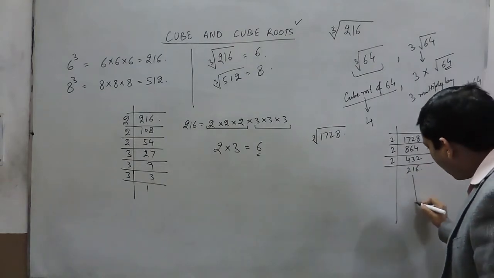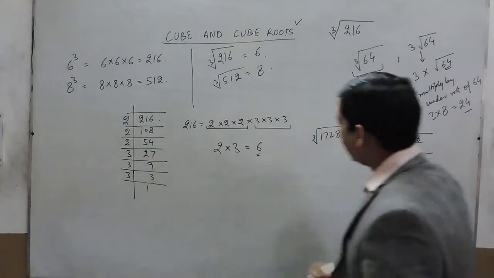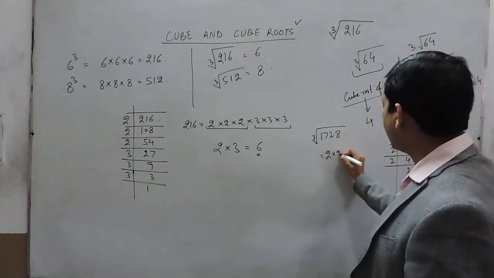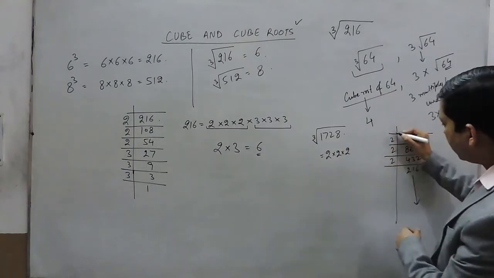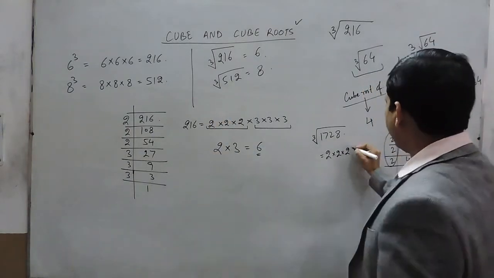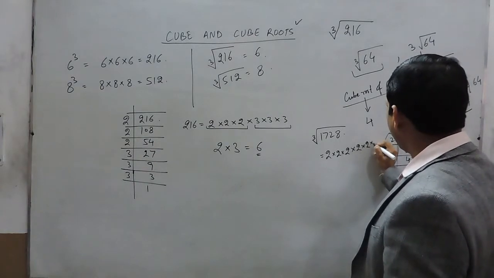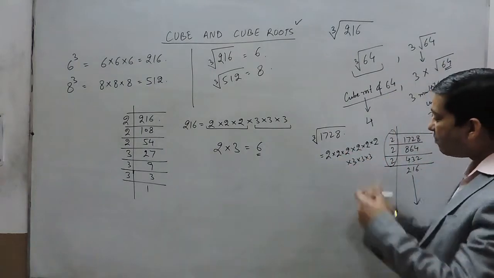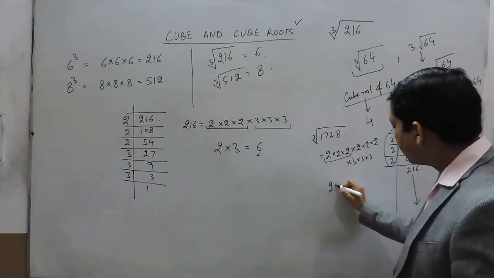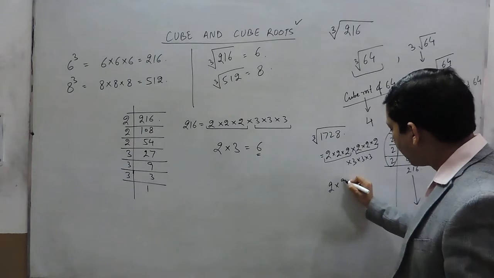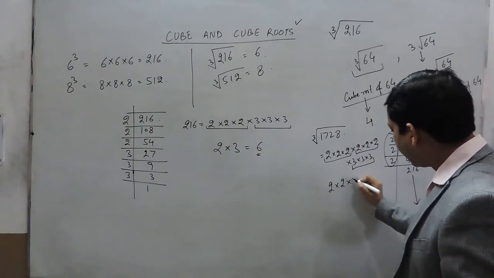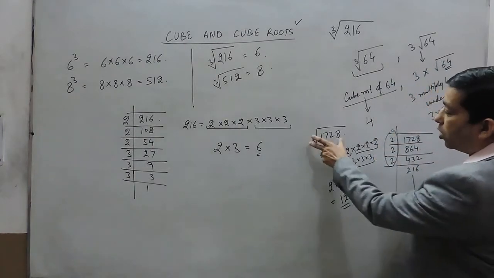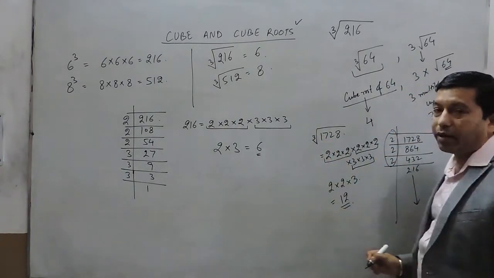And from 216 onwards, we can proceed as before. So the factorization of 1728 is 2 into 2 into 2, these are three 2's, then again 2 into 2 into 2 into 3 into 3 into 3. For every 3 equal factors, we take 1. These three 2's we take as one 2, and these three 3's we take as another number. So here the answer comes out to be 12. So the cube root of 1728 is 12.